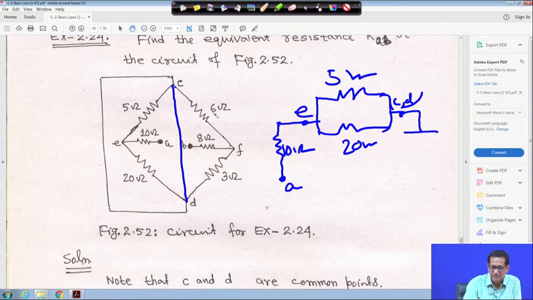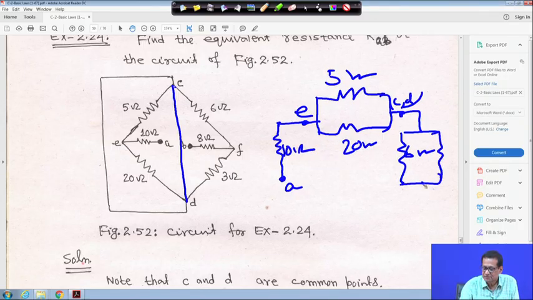C to F, if this point is F, is 6 ohm, and similarly this one is 3 ohm, right. This point is A, this point is B, and B to F is 8 ohm, right.